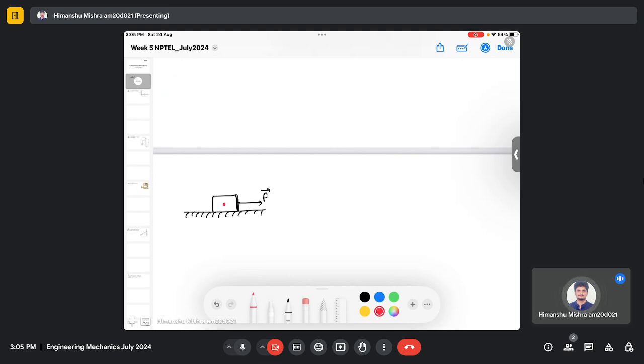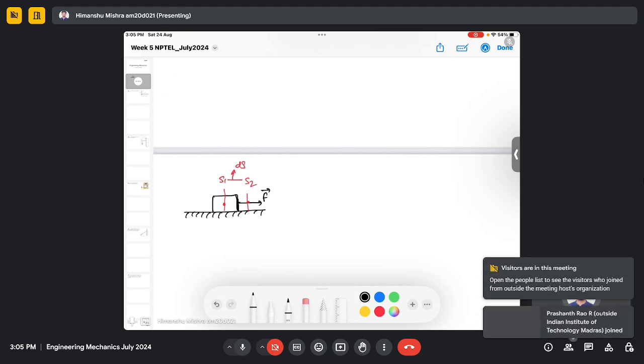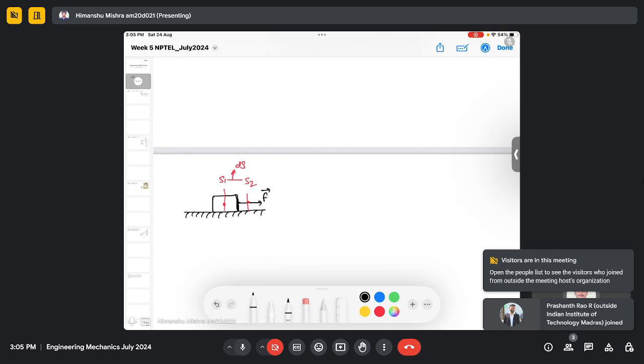Let's say this is my position S1, and now the center of the block moves to position S2, and the displacement is ds. So when I exert a force F, the block is displaced from S1 to S2 along the force direction, so it will impart some work.